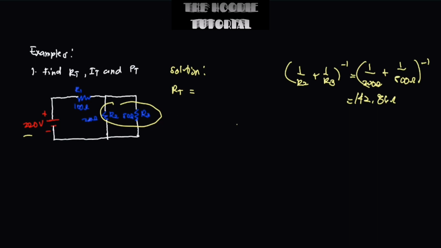So we can basically redraw the circuit. We have a DC voltage source of 220 volts, positive and negative, and then R1, which is 100 ohms.